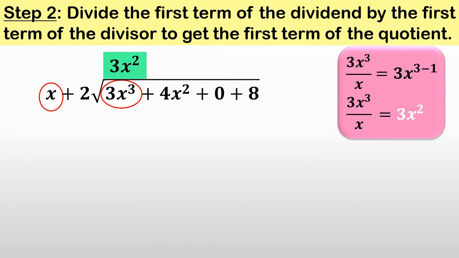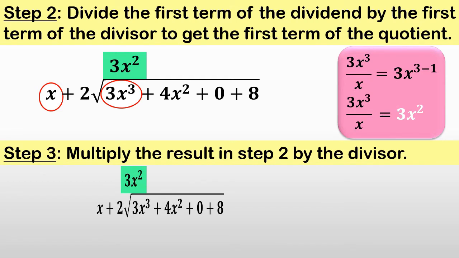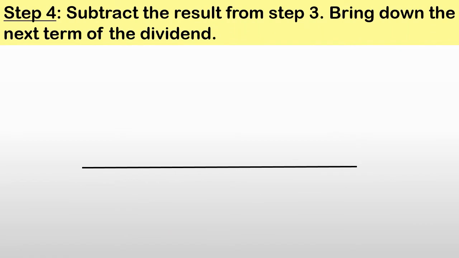Now, let's proceed. Step 3, multiply the result in step 2 by the divisor. Again, 3x squared times x is 3x cubed. 3x squared times 2, the answer is 6x squared. So, after we multiply the quotient to each term of divisor, let's proceed. Step 4. Subtract the result from step 3.